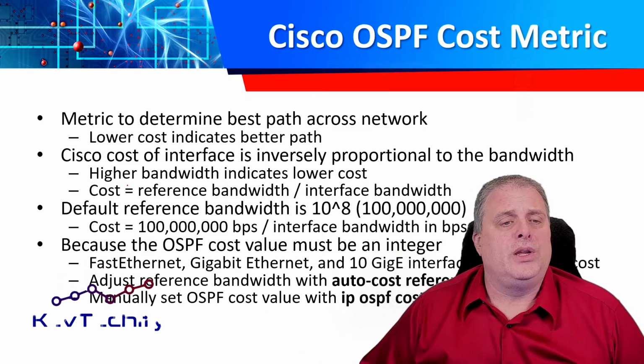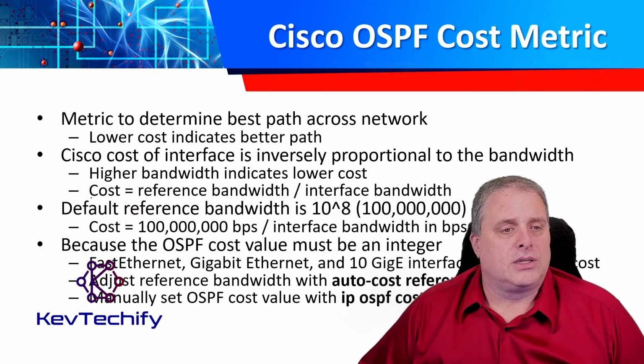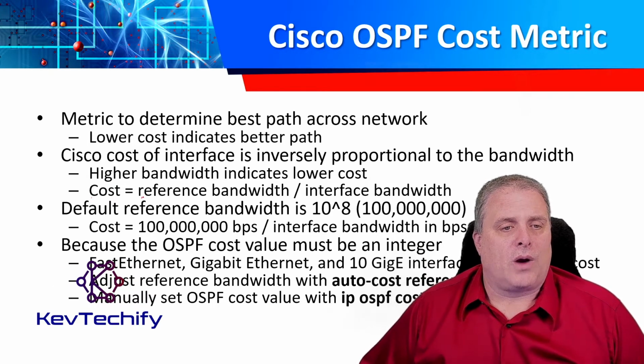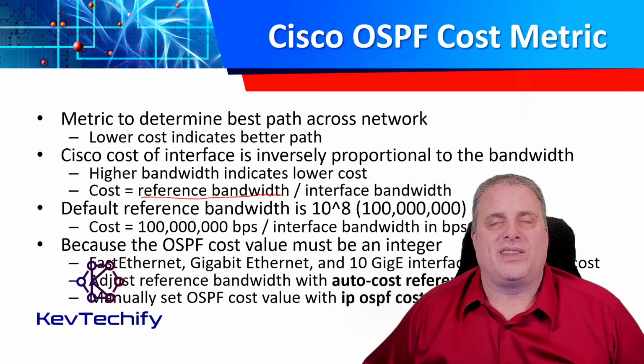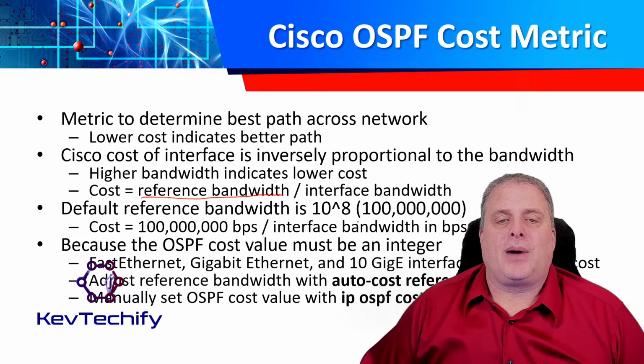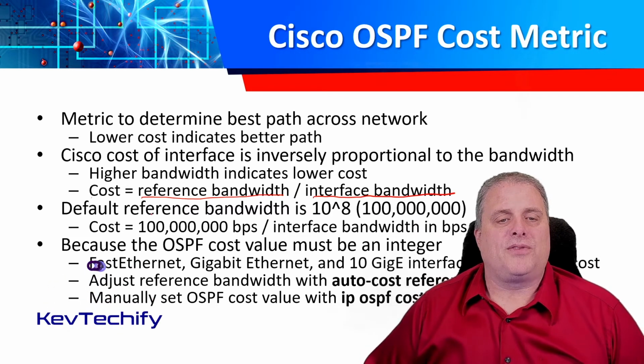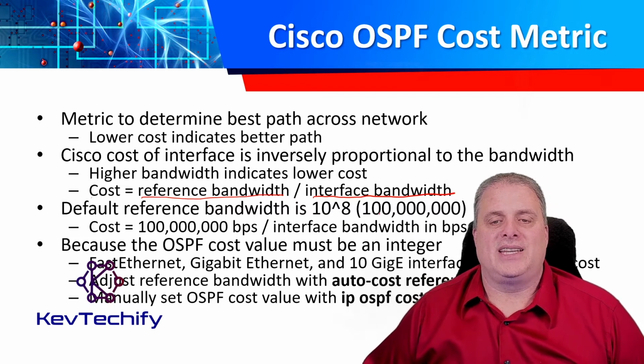The calculation we use here for the OSPF cost metric is the reference bandwidth. The reference bandwidth is a number that we've arbitrarily picked, divided by the actual bandwidth. By default, our reference bandwidth is 10 to the 8th, 100 million.